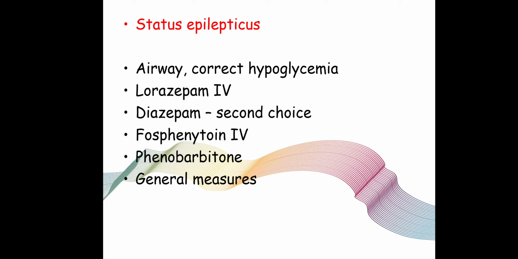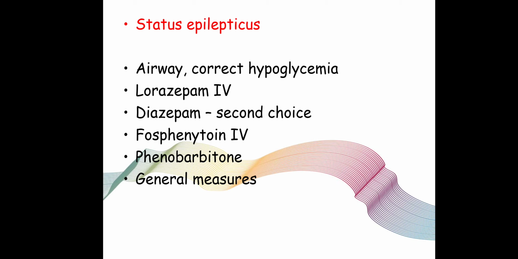For that we first consider the airway, because during laryngeal spasm there are chances of airway blockage. So first control the airway. Second, correct hypoglycemia, because hypoglycemia can also be a reason for epileptic attacks. Then switch to the treatment.